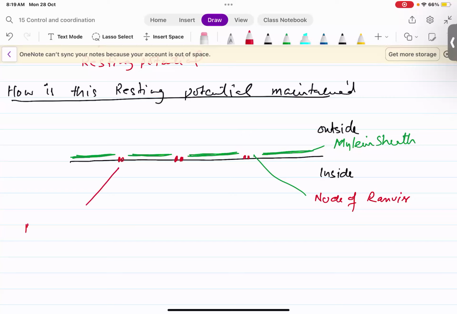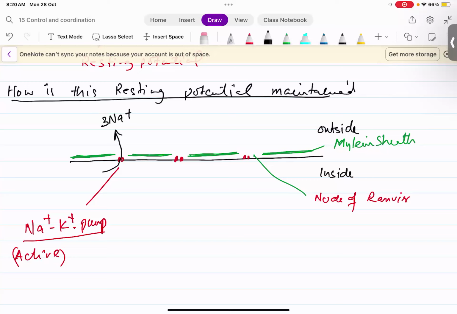At these nodes of Ranvier, there are sodium potassium pumps present. These sodium potassium pumps are active at a resting state, and they remove 3 sodium ions out of the cell by active transport, which are replaced by 2 potassium ions into the cell.